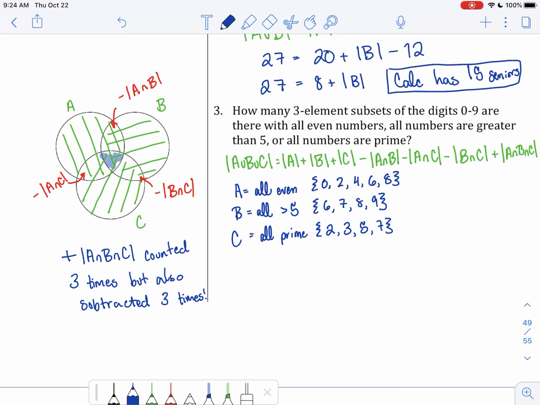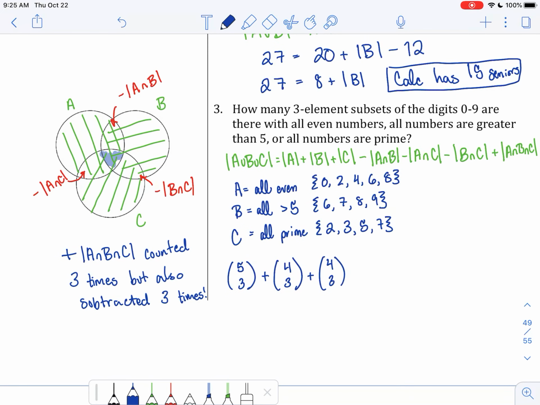So when we go through this, we can use our formula to say the cardinality of A would be, since it's a 3-element subset, we're going to use combinations. So there's 5, and we're choosing 3, plus cardinality of B would be 4, choose 3, plus cardinality of C, which is, again, 4, choose 3.